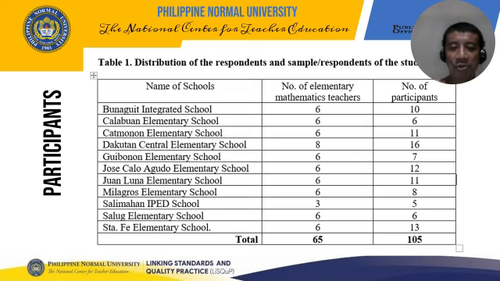Santa Fe Elementary Schools has 6 elementary mathematics teachers and 13 participants of this study. In total, there are 65 mathematics teachers and 105 participants. This table shows the distributions of the respondents and sample respondents of the study.